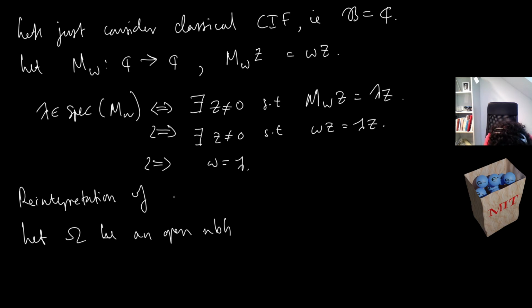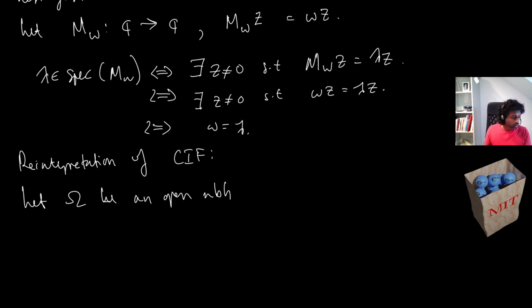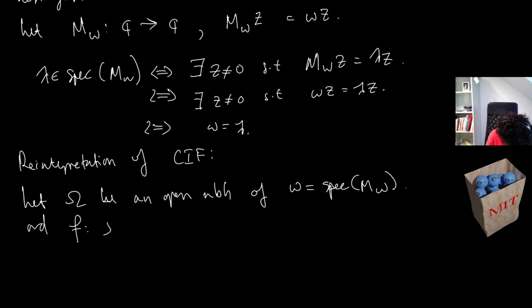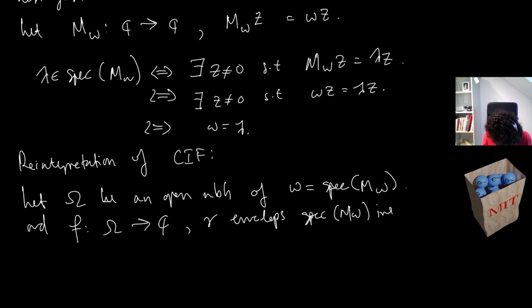of the Cauchy integral formula. So let Ω be an open neighborhood of ω, which is equal to the spectrum of this operator M_ω, and f now is just a function from this open neighborhood of the spectrum to the complex numbers, and let's take some γ that envelops the spectrum inside Ω.